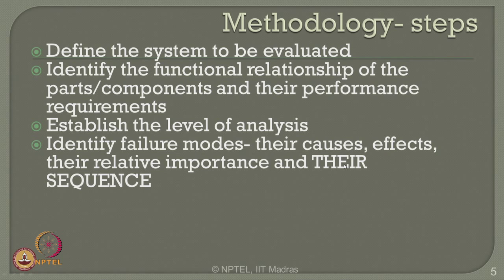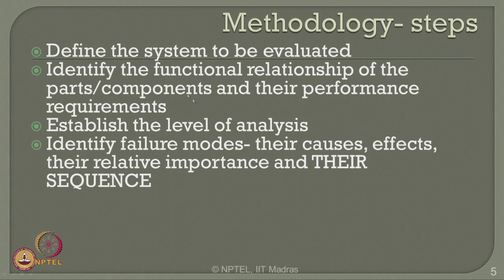So, this is the only study which gives you categorically the sequence of failure. As you saw in the hazard, they are not interlinked completely, whereas FMEA, which is a quantitative method of risk analysis or hazard identification, should enable you to identify the sequence of failure.